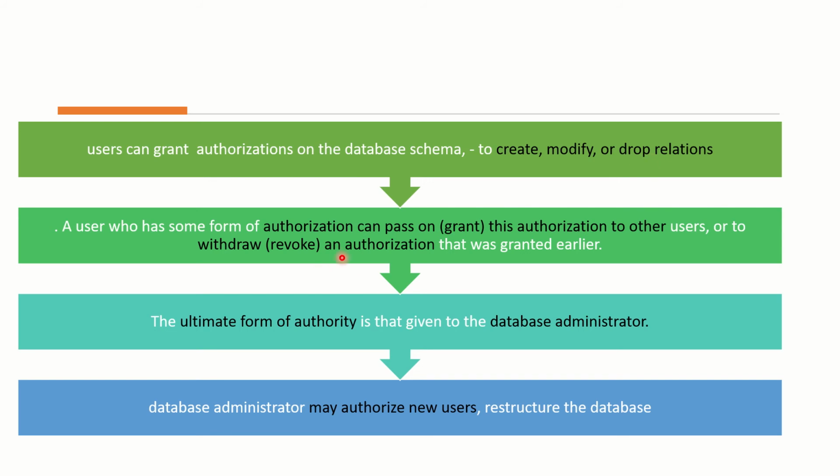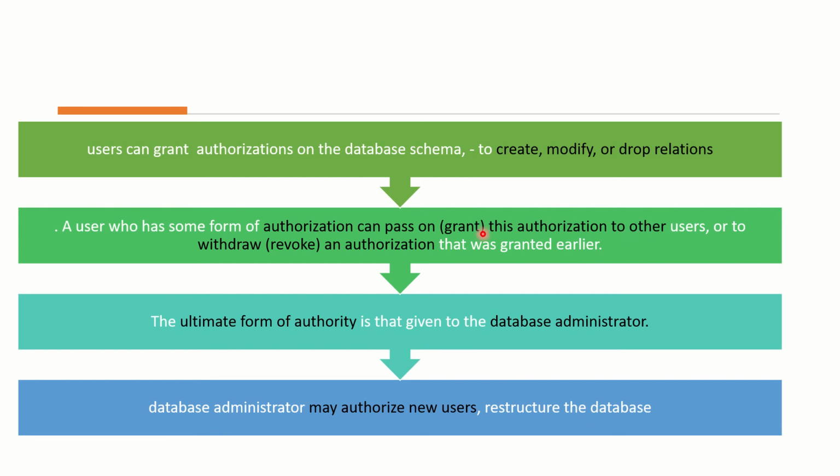So there are two commands used for giving a permission or authorization, and to withdraw an authorization which is already given to a particular user. For that purpose, we are using two commands, grant and revoke. Grant means some kind of authorization can be passed to a user by using the grant command.